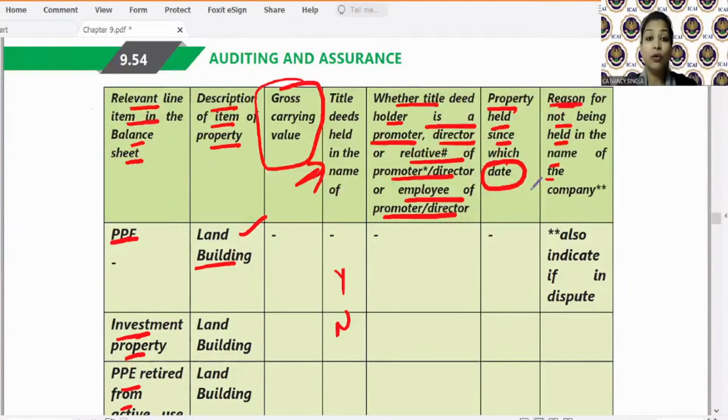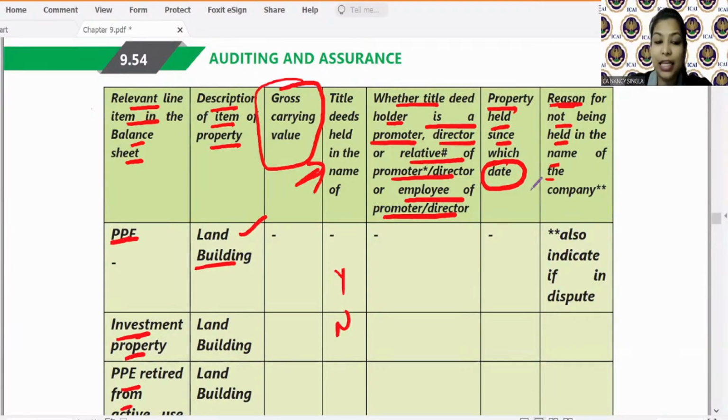है ना? देखो, if some property has been shown in the balance sheet, so the title deed should have been in the name of the company, na? ठीक है, lease पे तो we are not talking about the immovable property which has been taken on lease. So now what is the reason? है ना? So what is the gross carrying amount?